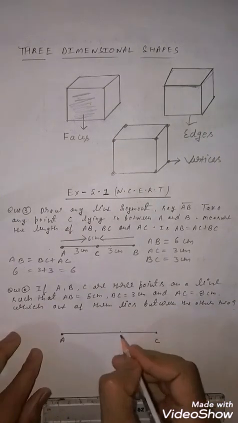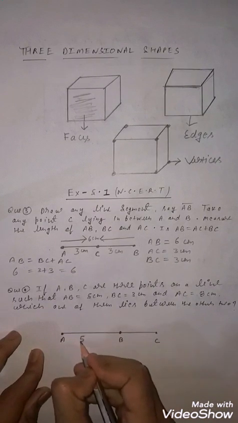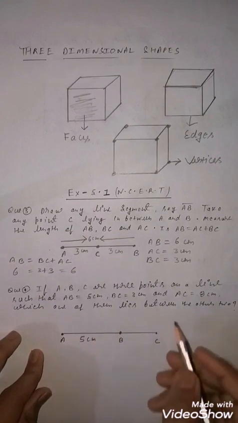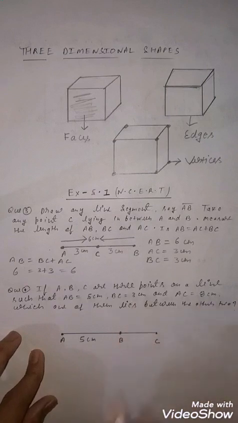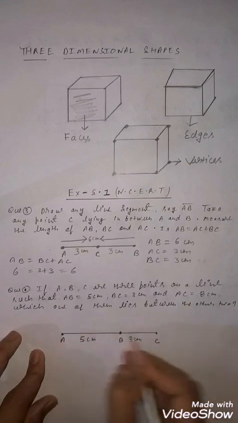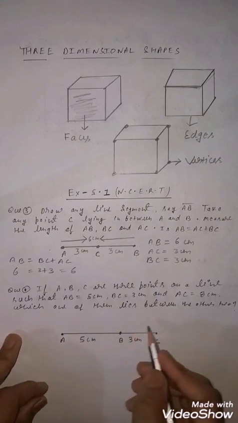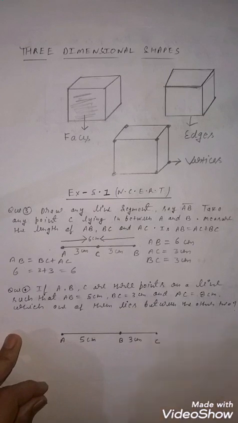So this is A, B, and you will write down 5 centimeter. Now again what is given? BC equal to 3 centimeter. So if this one is 5, this one is also 3 centimeter, because the length of total AC is 8 centimeter. So what is given? Which of them lies between the other two? Clear, student?